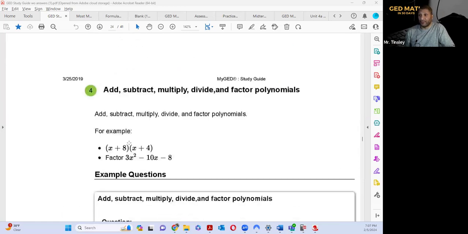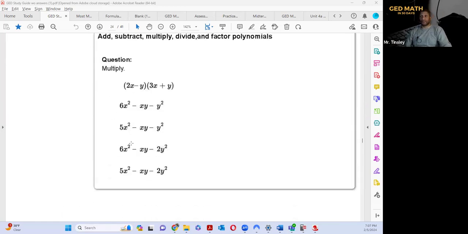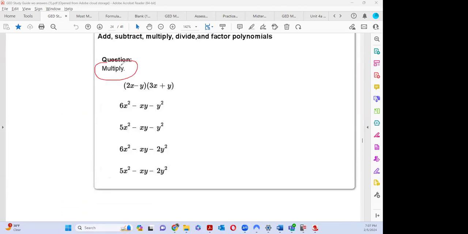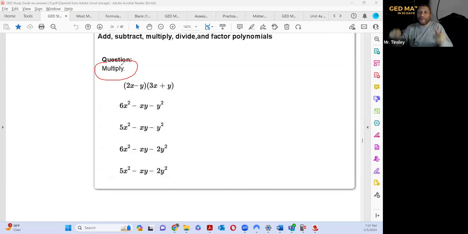Same thing here. Look at this problem. What does it clearly say? Multiply. The distributive property means I'm going to multiply this term by everything else in the other parentheses. That's what distributive property means. 2x times 3x. That's 6x squared.